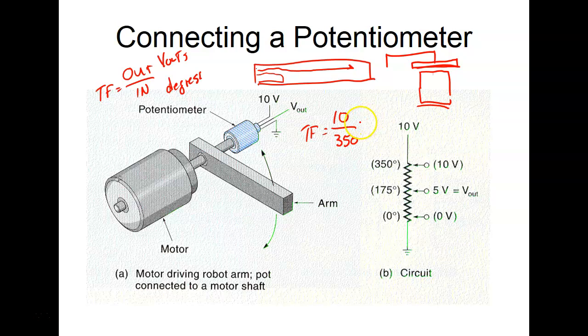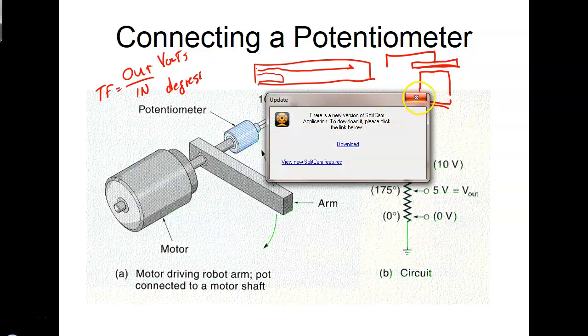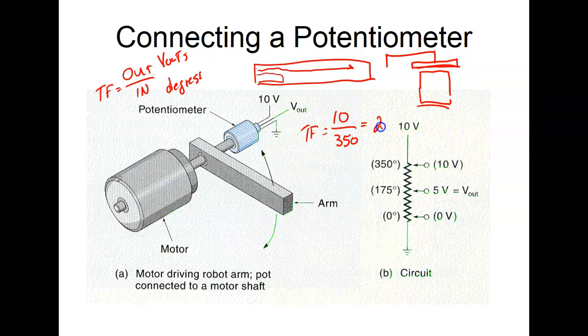Don't say 0.02. We could round it, but we'll figure out how to round it. So 28 millivolts per degree. 28.5 millivolts per degree. So what should I expect to get out of this?